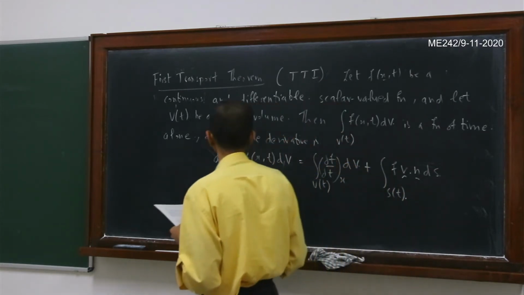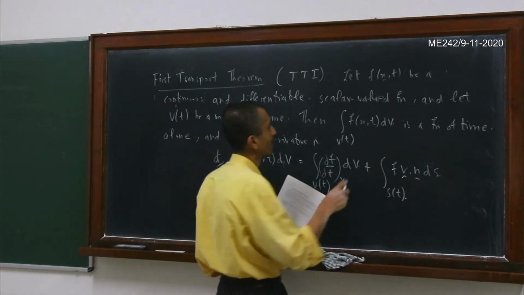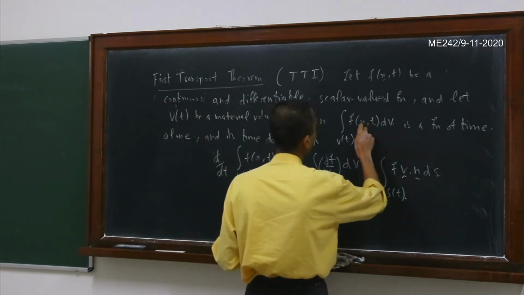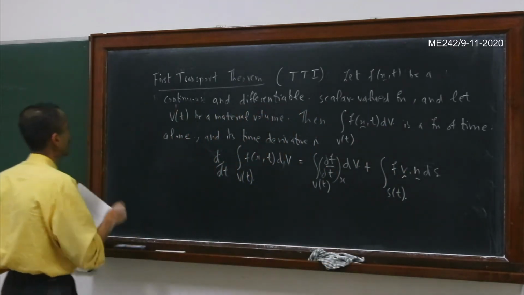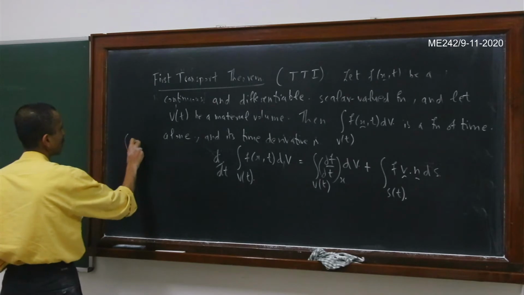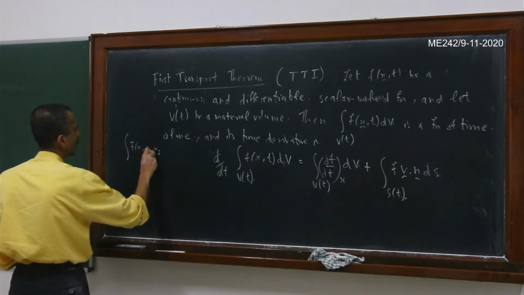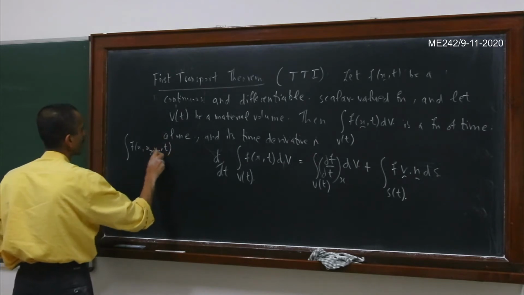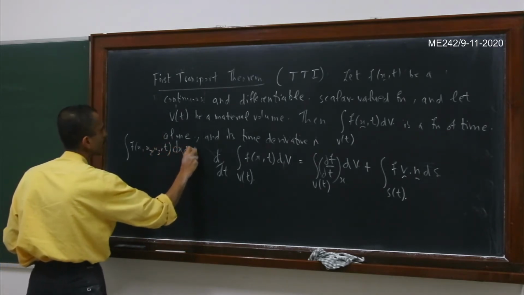over S of t. Okay, so here there are lots and lots of different kinds of things that you need to note. So here you can see this integral of f of x comma t dV is a function of time alone, right? Because it is like you are writing f as a function of x1, x2, x3 comma t, correct? And then dV would be dx1, dx2, dx3, right?